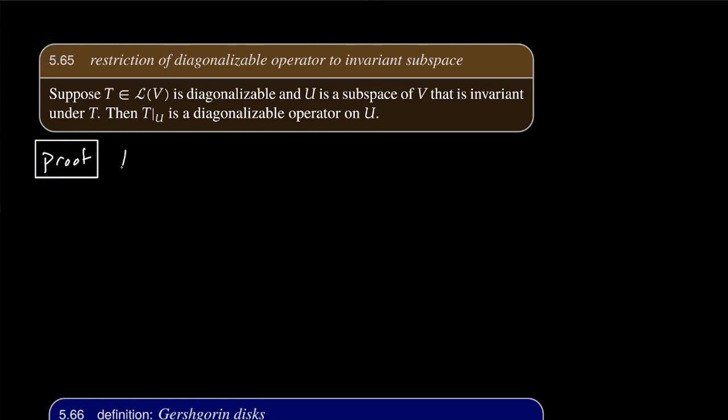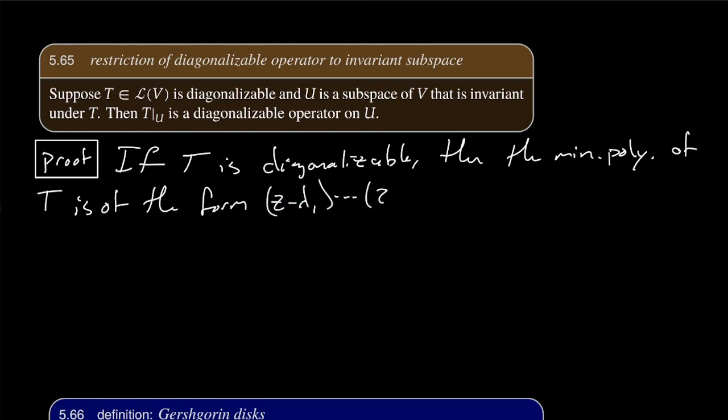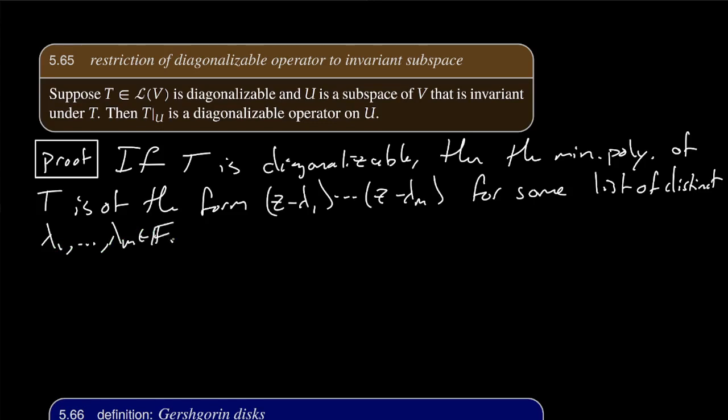So, if T is diagonalizable, then the min poly of T is of the form z minus lambda 1 through z minus lambda m for some list of distinct lambda 1 through lambda m in the field. We just showed that.